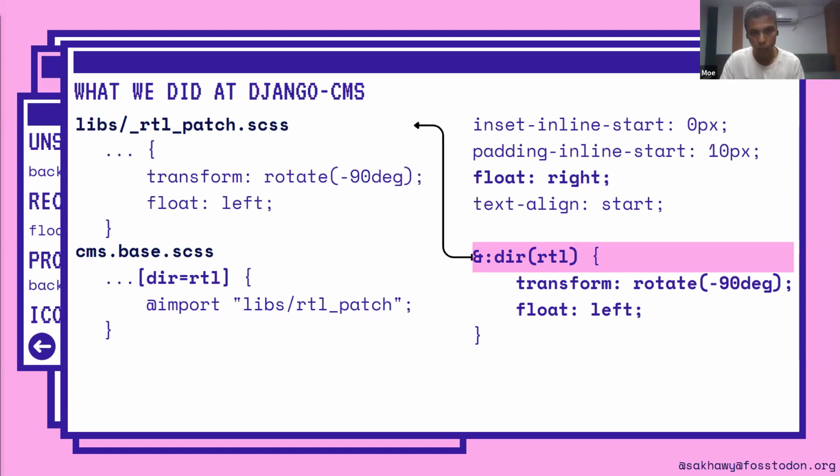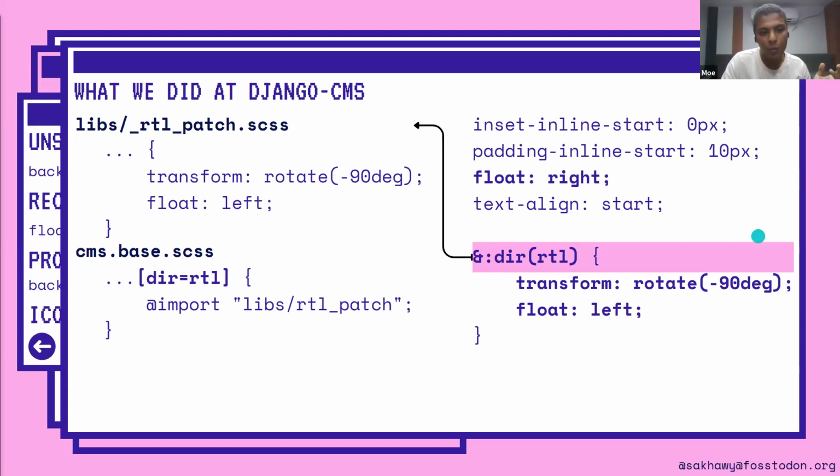The way it works is, if the user is using an older browser that does not understand what this dir pseudo class means, it defaults to using the dir attribute selector on a parent element as an alternative. The catch here is that the parent element must have the dir attribute set. If it's absent, this won't work. So it must have the dir attribute set.